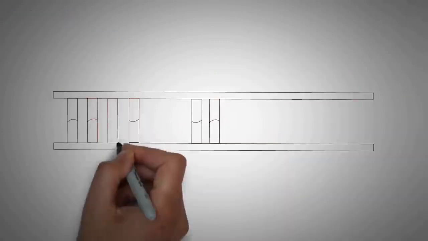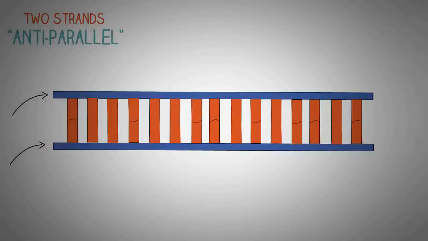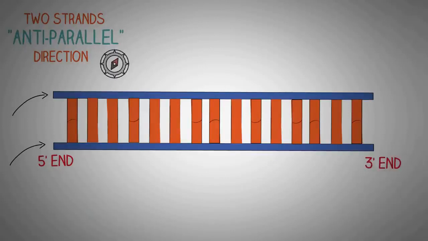Now if you take a closer look at this step-ladder model of the DNA, you can note that it consists of these two strands which are joined together in the center by hydrogen bonds. These two strands run in completely opposite directions to each other, which means they are anti-parallel, and they also have a direction. Now in DNA we don't have north, south, east or west directions, but on DNA we have two ends, a 5' end and a 3' end of this strand.